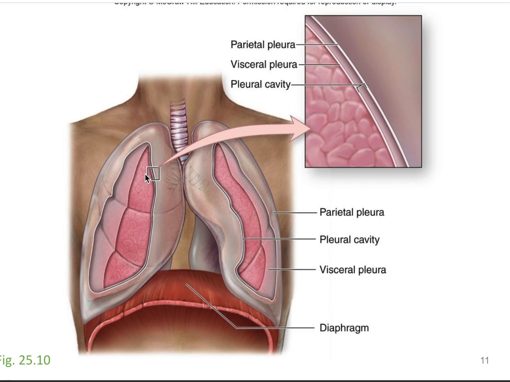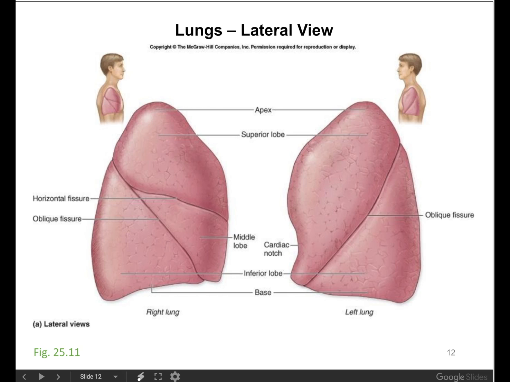So the lungs themselves don't have any muscle in them. It is the action of the rib cage and the diaphragm that's going to cause expansion of the lungs. So down here, again, is the diaphragm. So know this picture here for the different layers of the linings of the lungs.